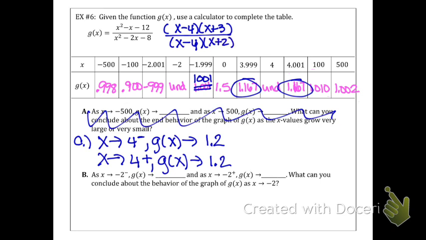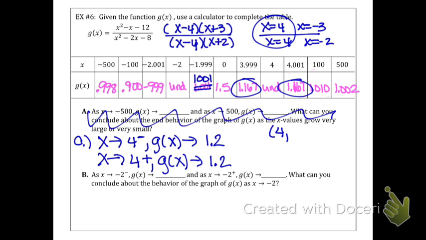So the zeros of my numerator, so I'm going to set both of the factors equal to 0. And so I get x equals 4 and x equals -3. Zeros of the denominator will give me x equals 4 and x equals -2. So remember, the holes are what they have in common. So we can see that both of them have the 4. So that told us we have a hole at 4.